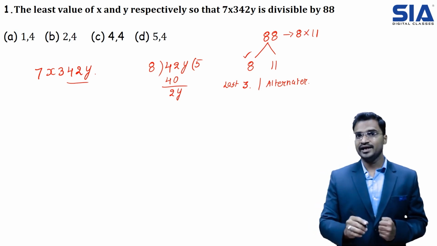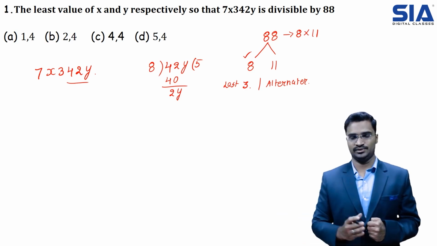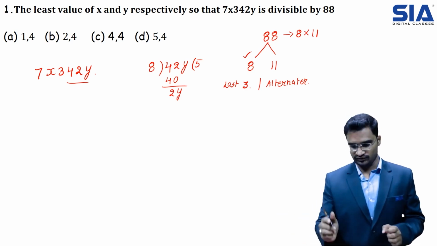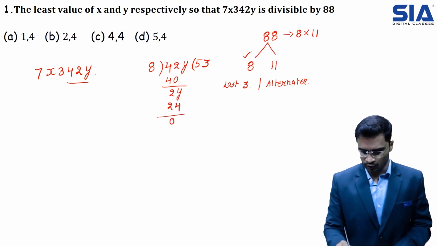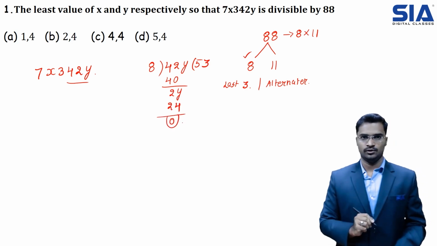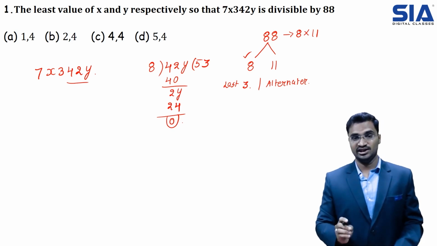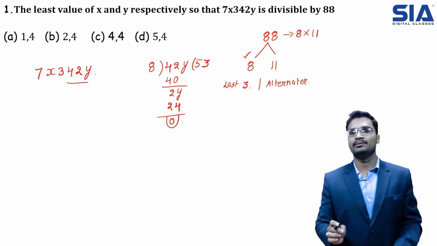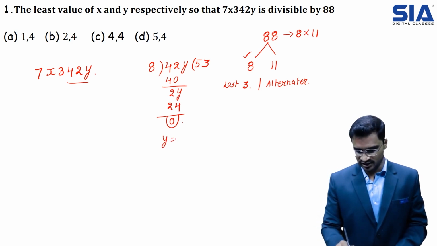Now the multiple of 8 nearer to 20 something is 8 threes are 24. Now we have to get a remainder of 0. In the place of y, what should I substitute? When I substitute a value 4, then I get a remainder of 0. Then our y value is 4.